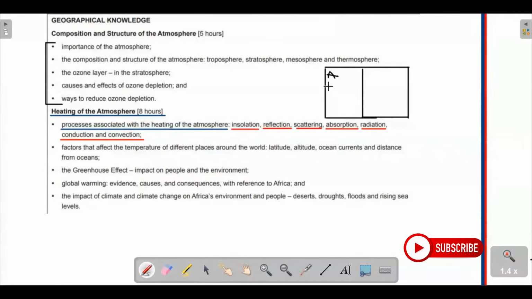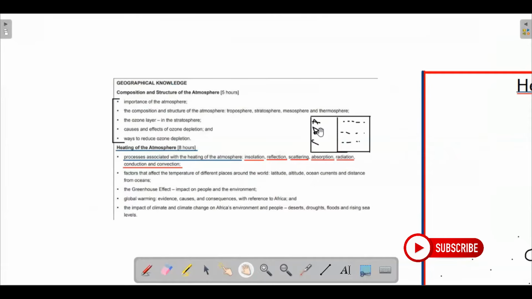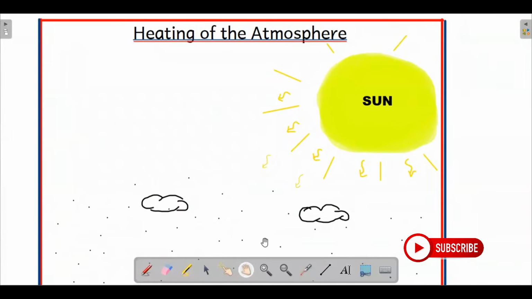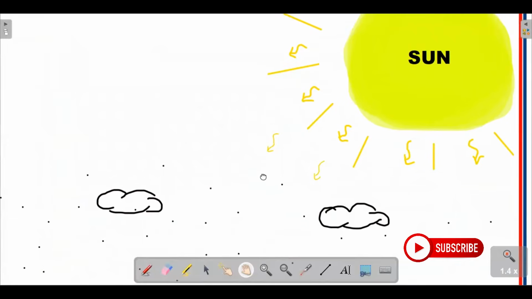So let's say you have A and then B, C, and so on, and then they have a definition there, and you are supposed to match A with whatever corresponds with A, and so on. So it's important that we are able to define all of these terms, and they could actually give you a diagram, okay, which we will draw in today's lesson, and they will, let's say, replace those with A and B or C. I will tell you more about that.